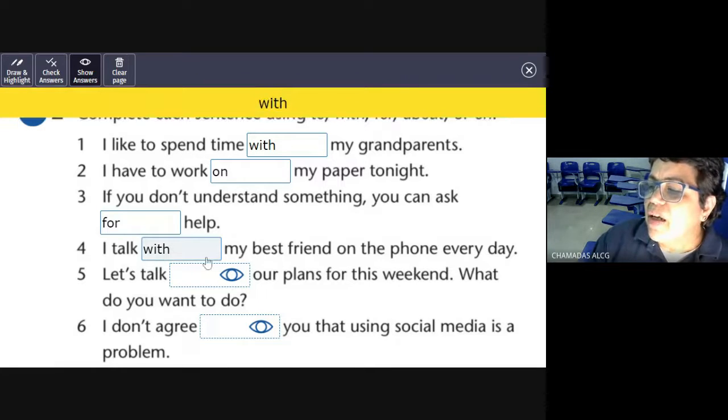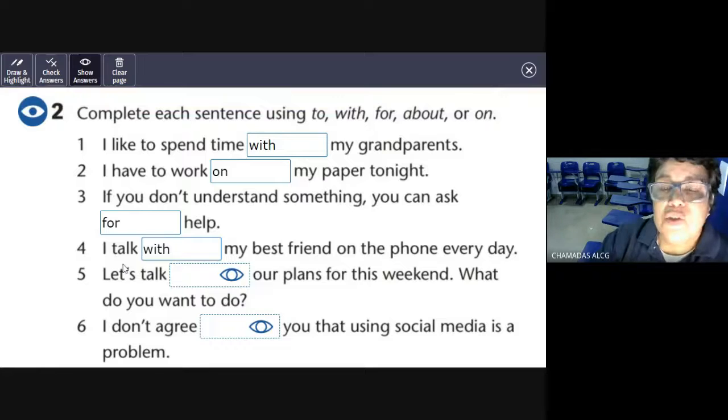So here, there are 2 possibilities. You can say I talk to or I talk with. Okay? Samuel said with, and I said no, but it's okay. We can use that. But talk to is more common, okay? Especially in America, okay? I talk to my best friend. This is how we say it, okay? Talk to.